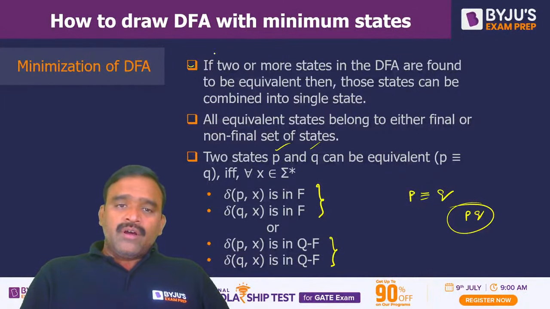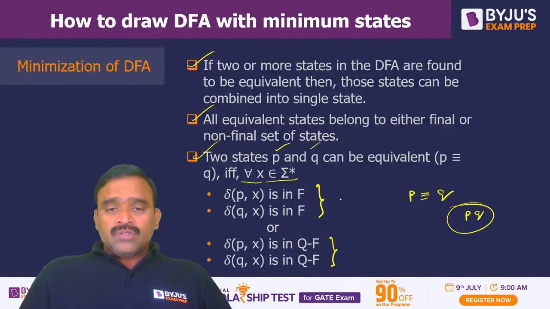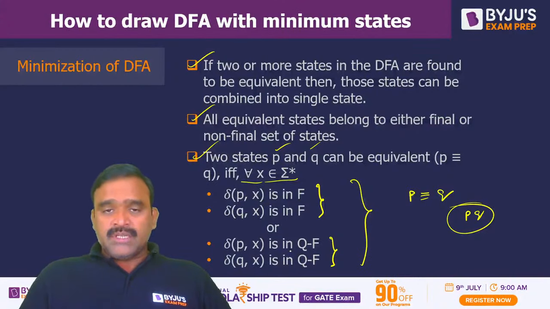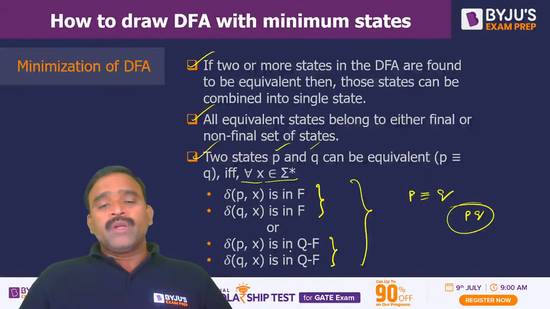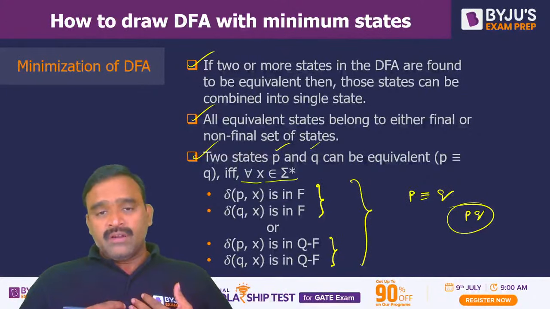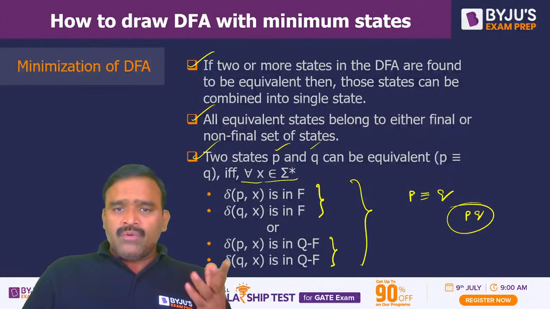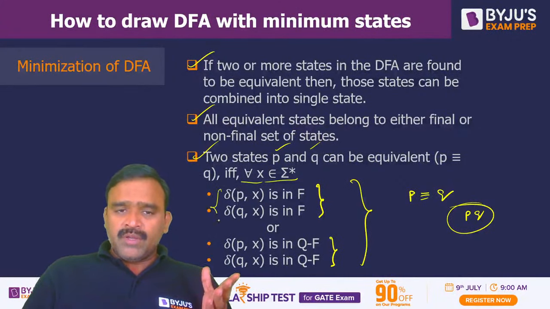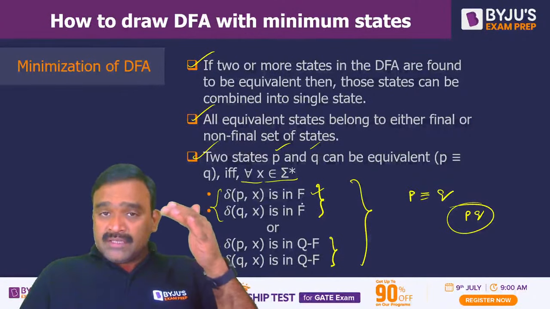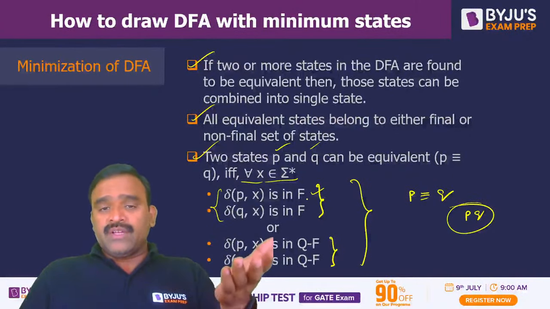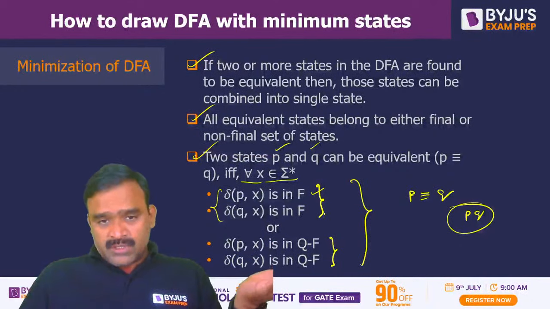But for all x belongs to sigma star, we have to verify, and sigma star may contain an infinite number of strings. So finding the equality of states by using the direct procedure is almost impossible, because we can't verify infinite strings. For every x, whatever x value you take, if the transition of P comma x goes to a final state, meaning any final state, not necessarily the same final state, where F is the set of final states, then Q comma x also must be final.